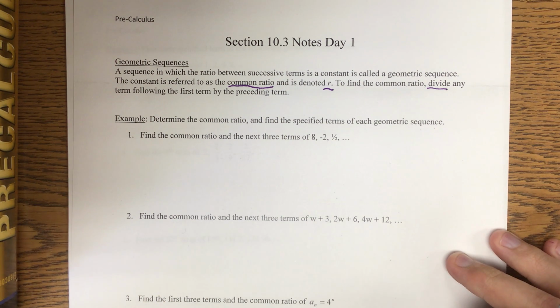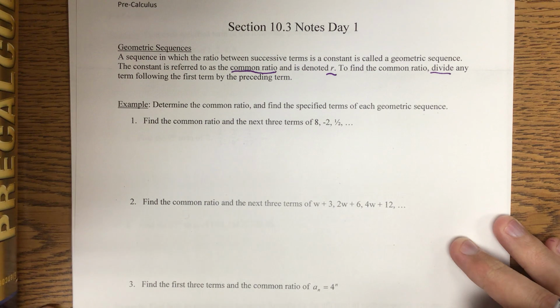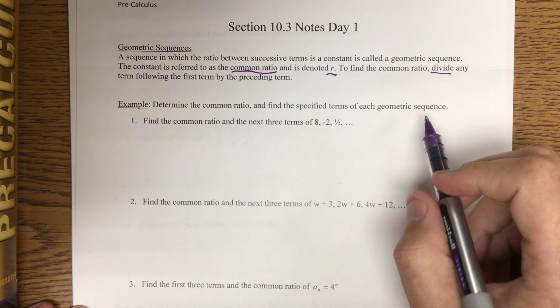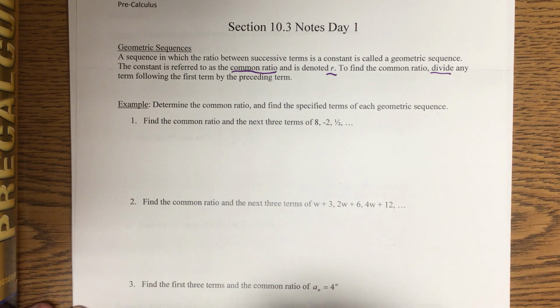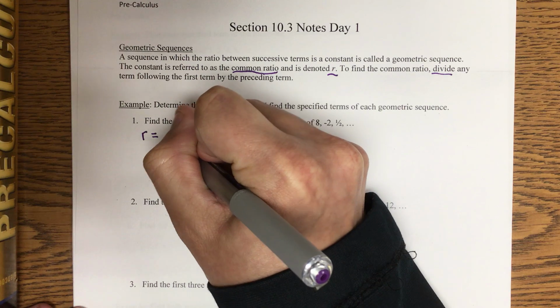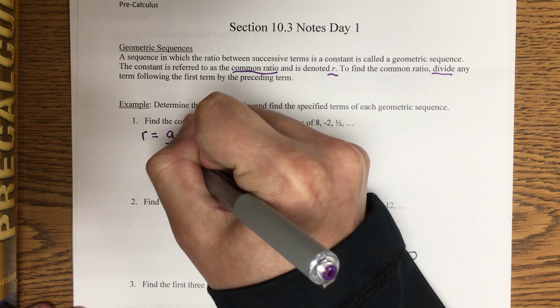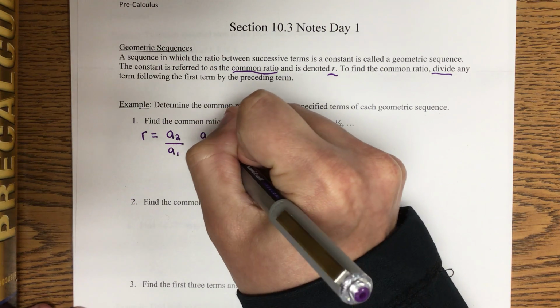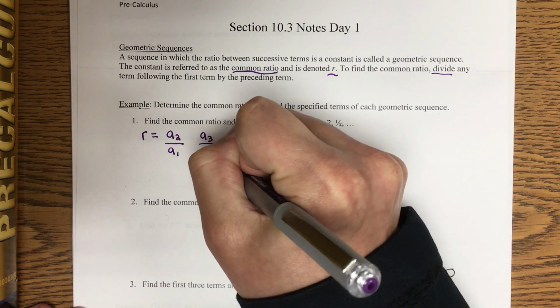For problem 1, 2, and 3, it says determine the common ratio and find the specified terms of each geometric sequence. So to find the common ratio, you are going to take, for example, the second term divided by the first term, or you could even take the third term and divide it by the second term.